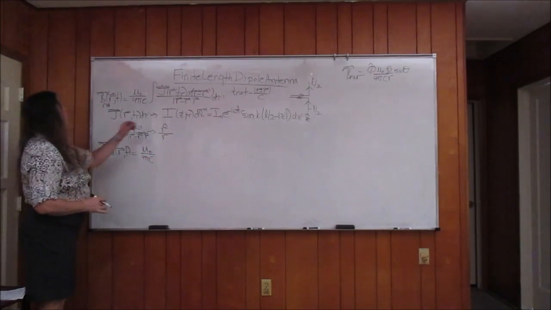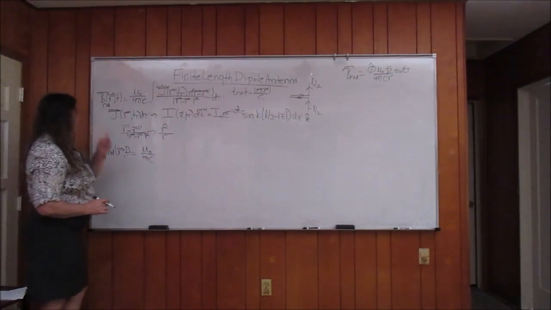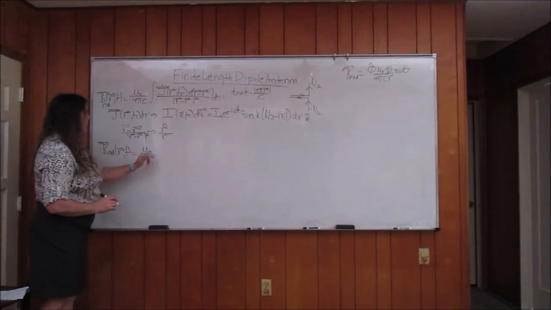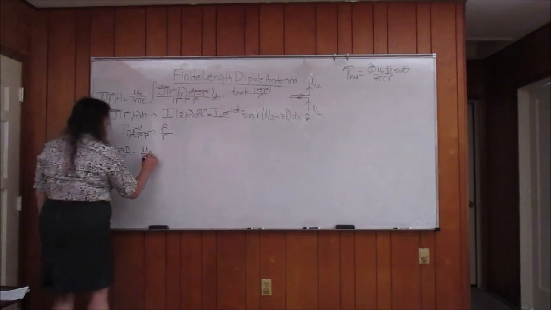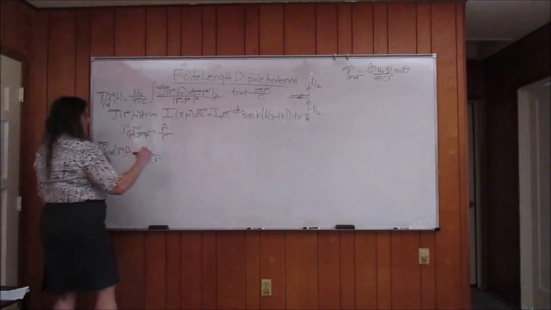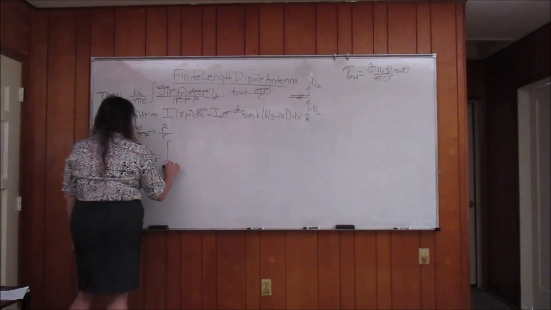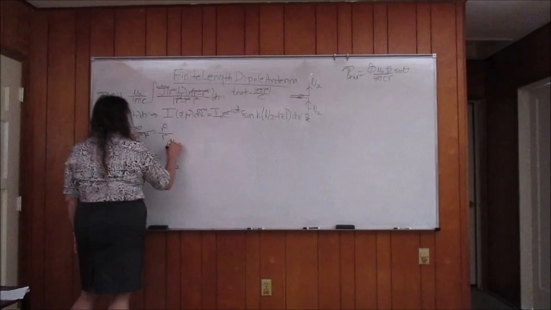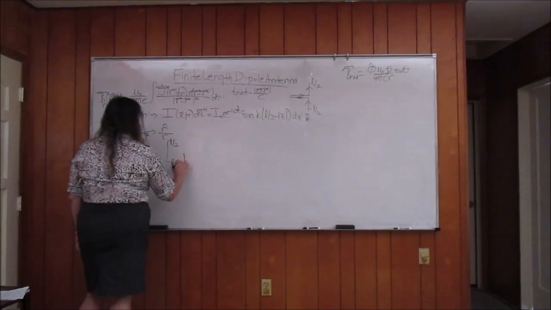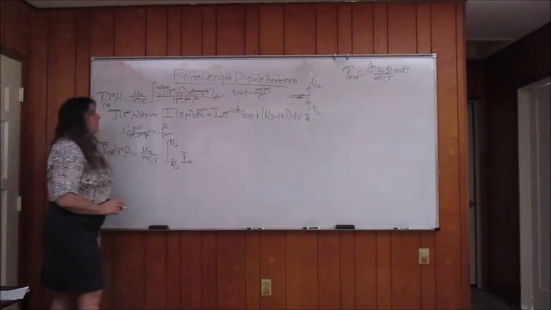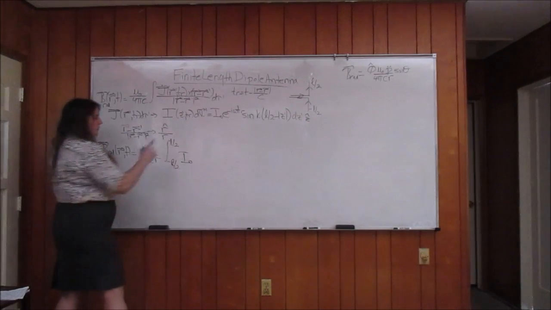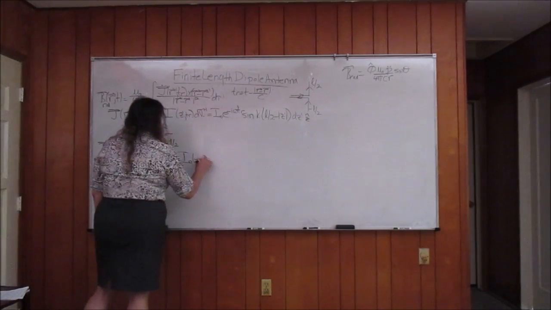I want to be careful to take the time derivative. So we got mu naught over 4 pi c. I can pull r out because we're not integrating over that. Because we are taking the derivative of the current with respect to time, that's going to give me a factor of minus i omega.